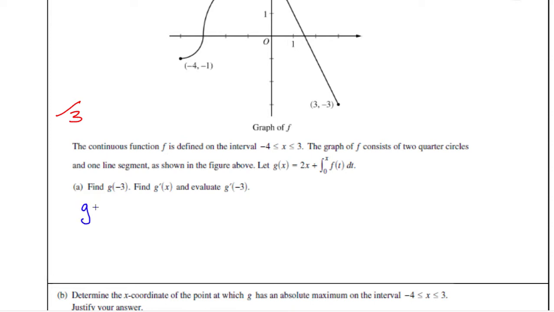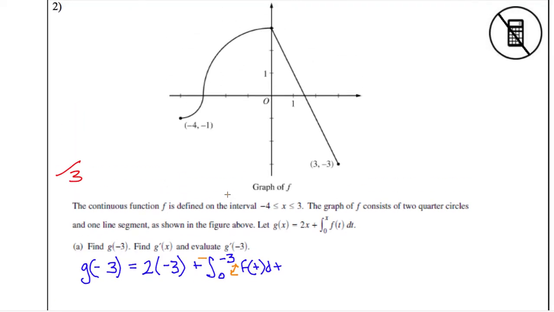So, g of -3. When I plug in -3, that means I'm going to do 2 times -3 plus this integral from 0 to -3 of f of t dt. That's a problem because these are backwards. So I'm going to flip these two and make it negative, so I'm going from -3 to 0.